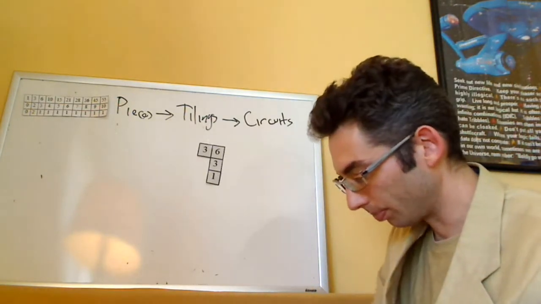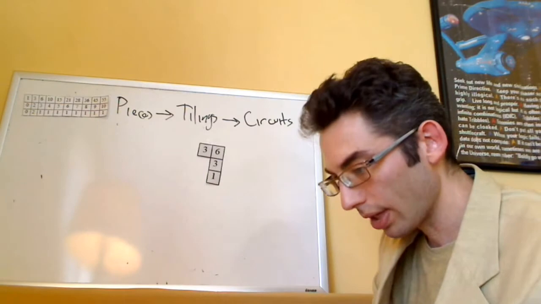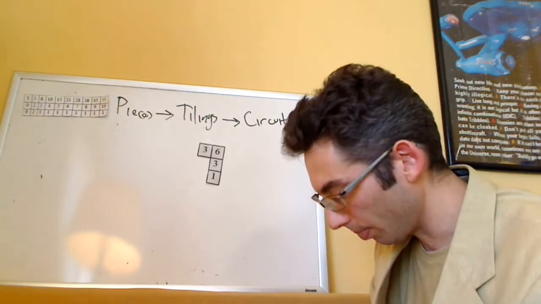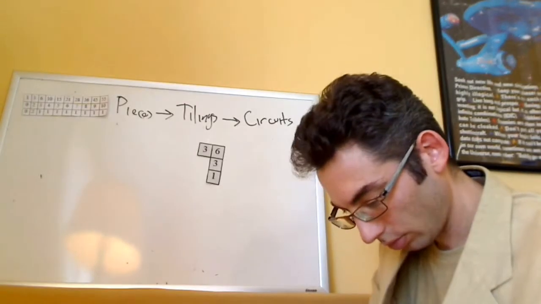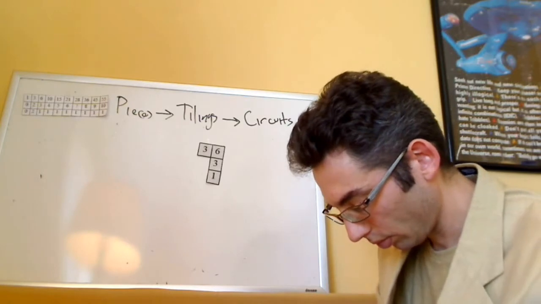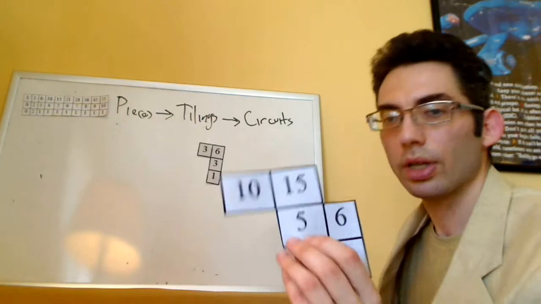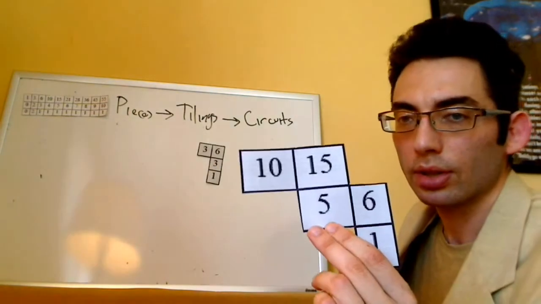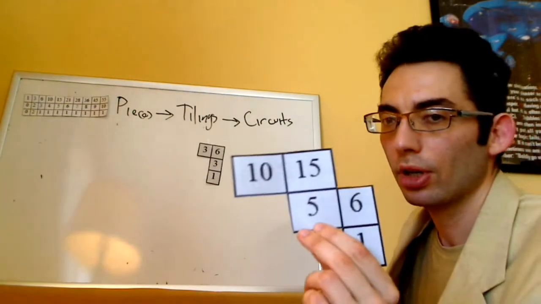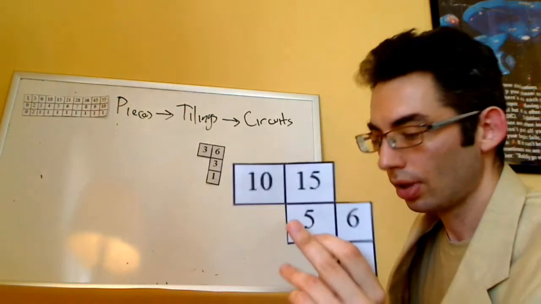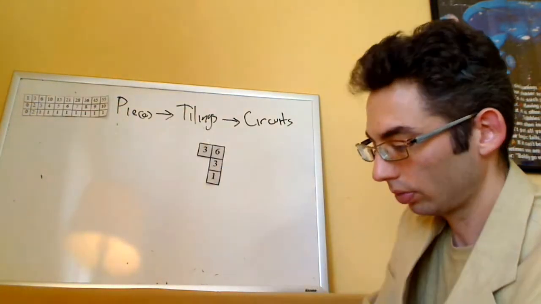So let's get that piece. So here is another W piece, 10, 15, 5, 6. This polyomino is prime. It adds up to a prime number.